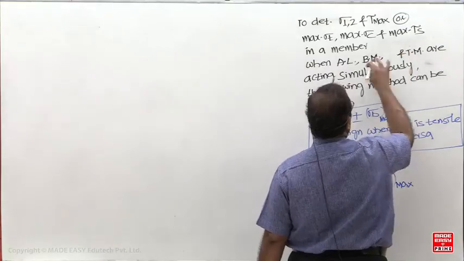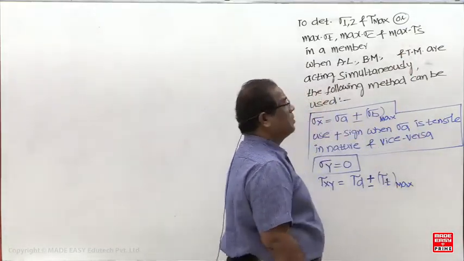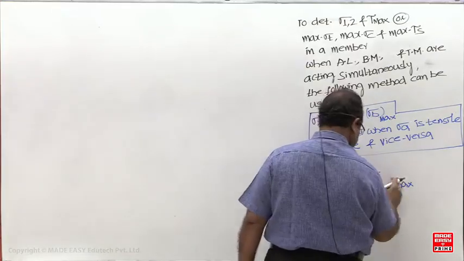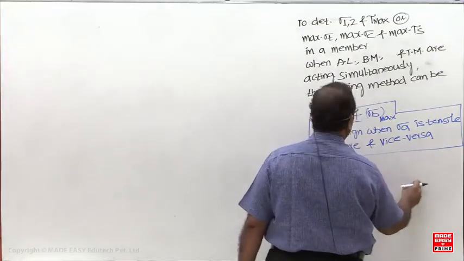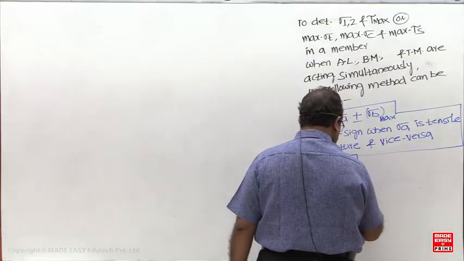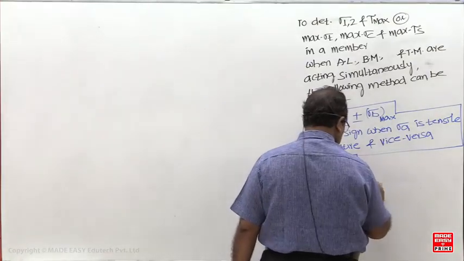Only use this method now: axial load, bending moment and twist moment are acting. So directly this will be tau t max.